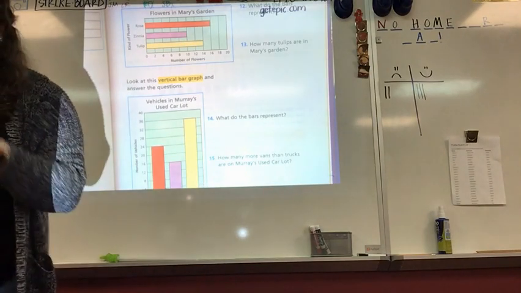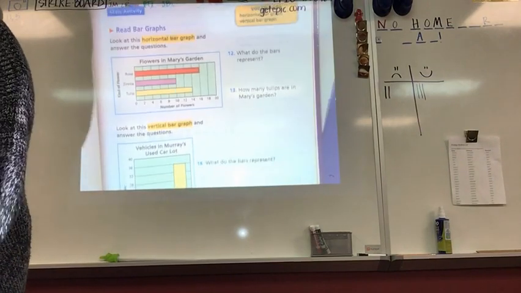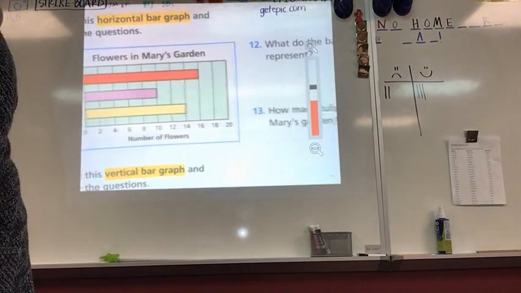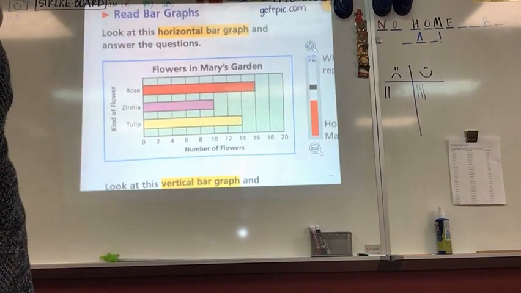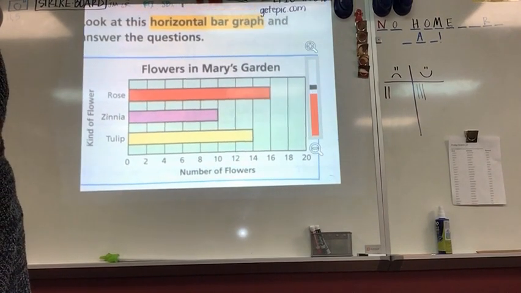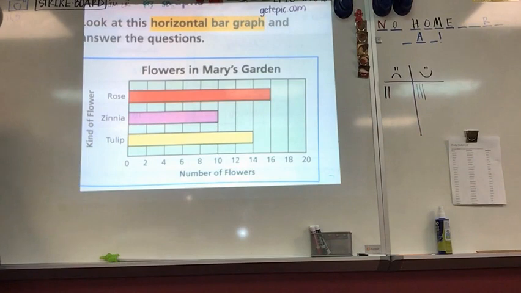Now I'm going to pick which one to ask you questions about. We're going to talk about the flowers in Mary's garden. There's a couple things in here. I'll zoom in a little bit more. The title of my graph would be Flowers in Mary's Garden.